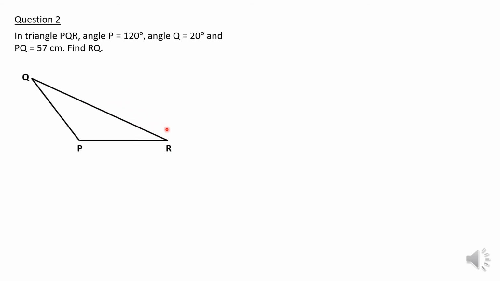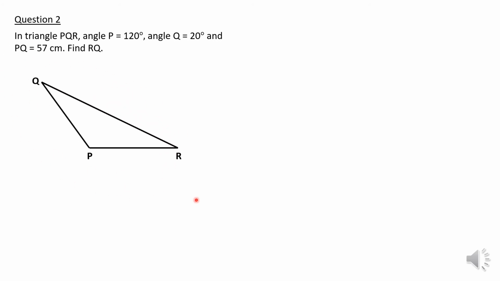So let me bring in a second question here. Again, we are given a question without a diagram. We're told that in triangle PQR, angle P is 120 degrees, angle Q is 20 degrees, and then we are given one side. So we've got two angles and a side. Again, it will be helpful if we bring in a diagram.